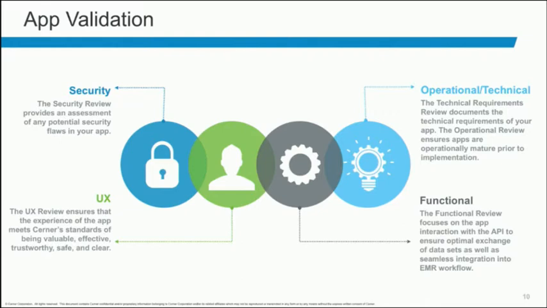So, for the app validation, some of the things that we look at: the security. We do a security review, which is one of the things we get a lot of questions about. We can go into some details about that here. We do a UX review to make sure that it meets the experience expectations of providers and what they're used to in our system. And that doesn't mean it looks exactly like our system. That's not the point.